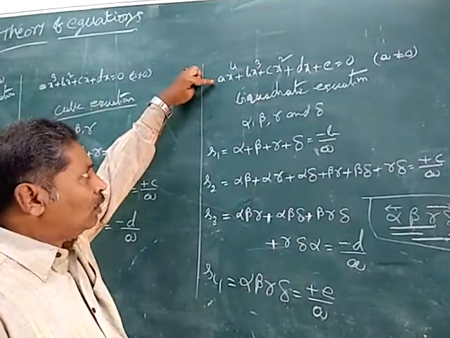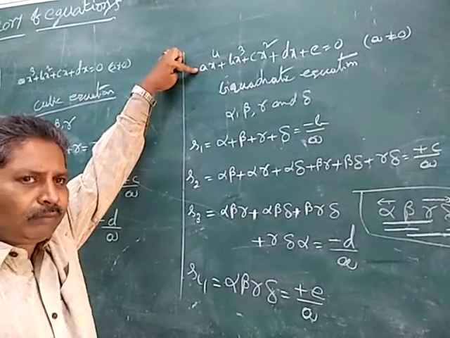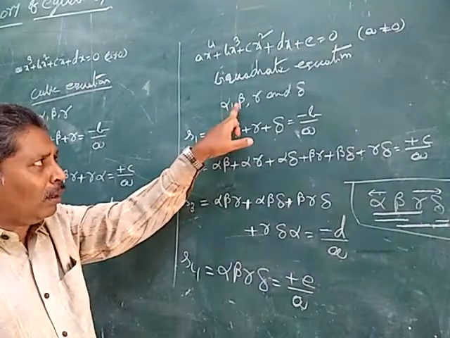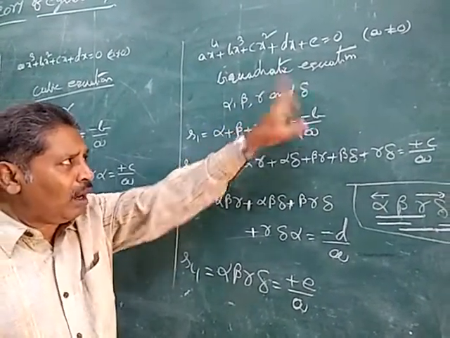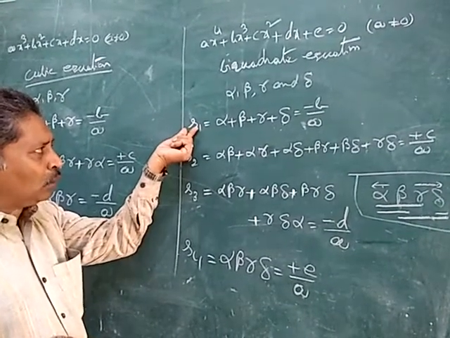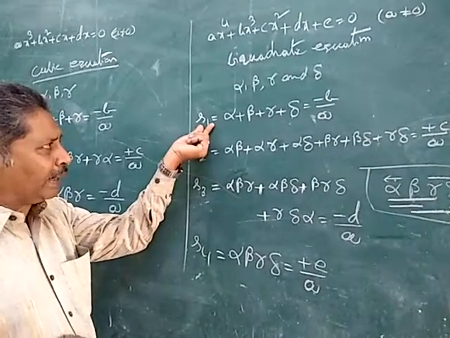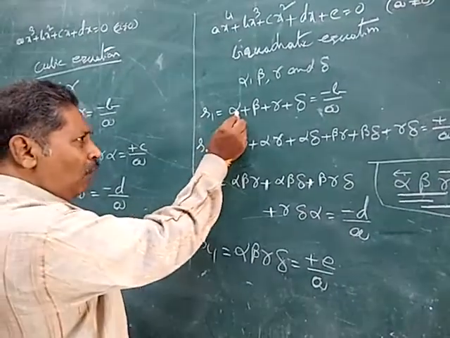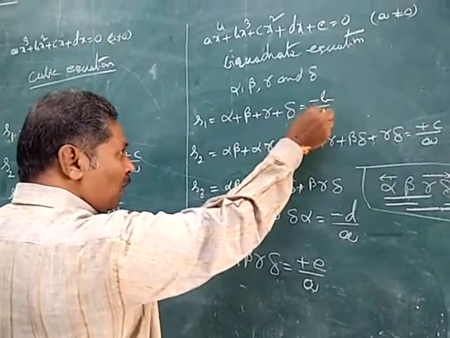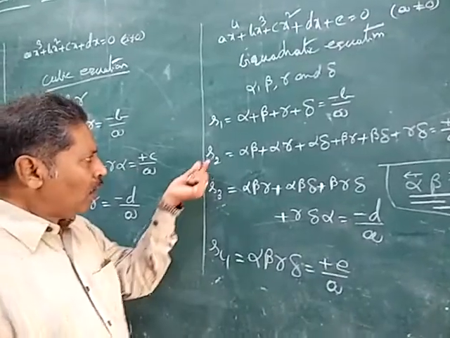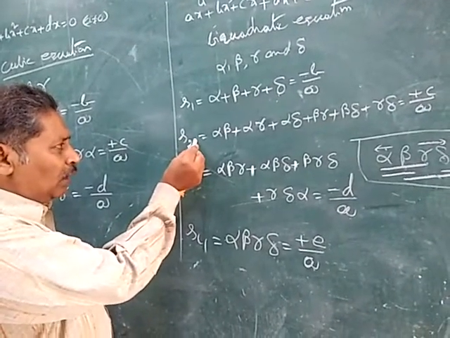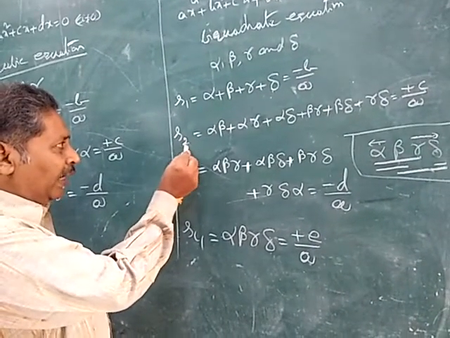Again, this is the biquadratic equation. It has four roots. Let them be alpha, beta, gamma and delta. S1 means the sum of the roots taken one at a time, that is alpha plus beta plus gamma plus delta, minus b by a. S2, the sum of the product of the two roots taken at a time.